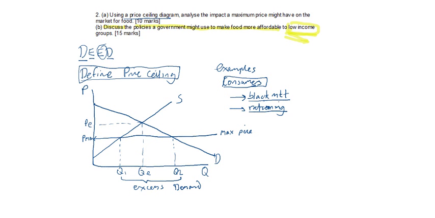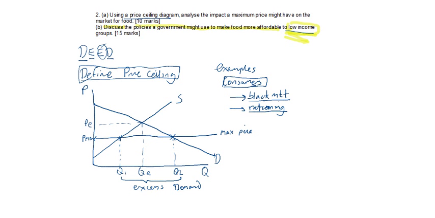So first of all, the fact that there's going to be an excess demand means that some of the consumers, the low income consumers, might not be able to get these, even though we've got a low price of P max. Okay, they may not be able to get it because the supply is too low, and there's more people wanting to have this now than there was before. So potentially it's not going to work anyway.